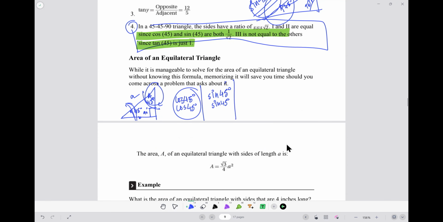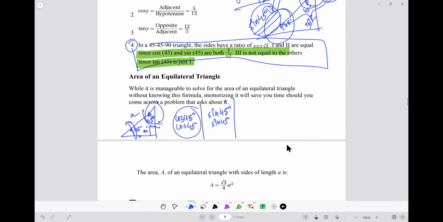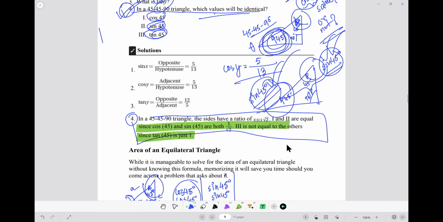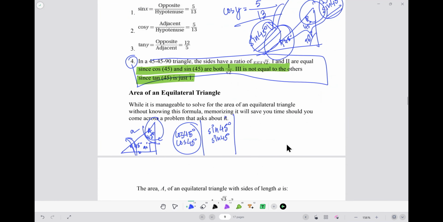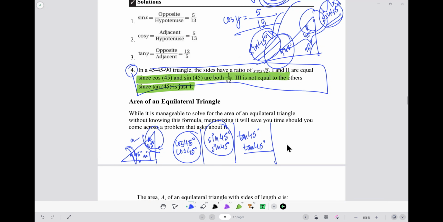And we need to find the value of tan 45 degree, and then tan 45. This is what you need to do, and then you need to compare.